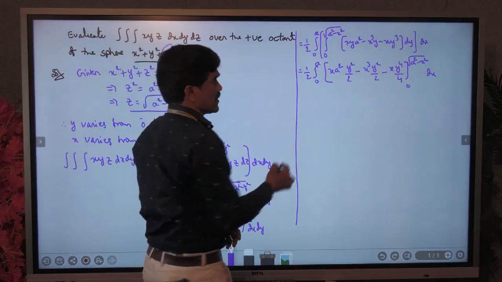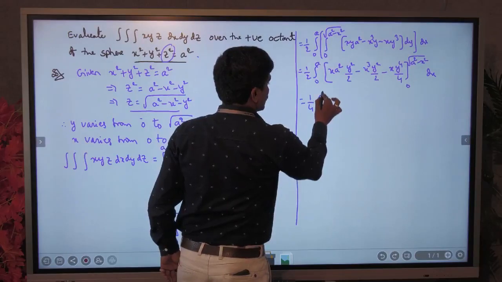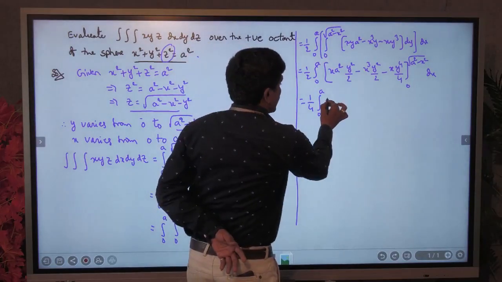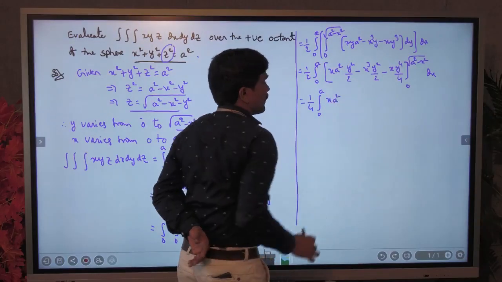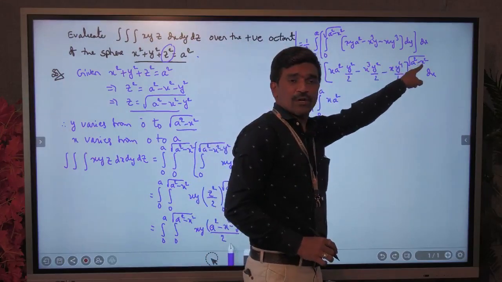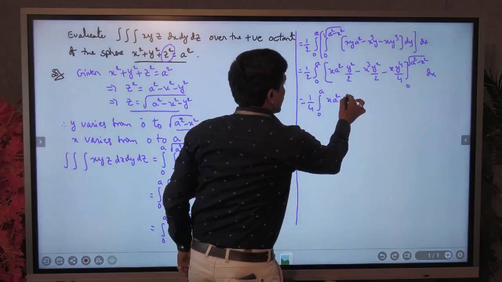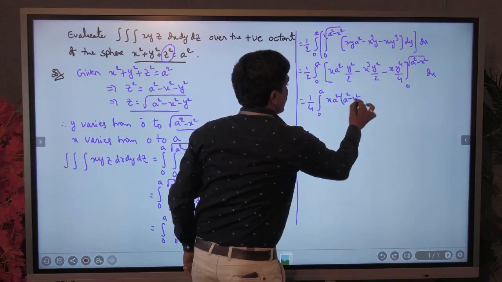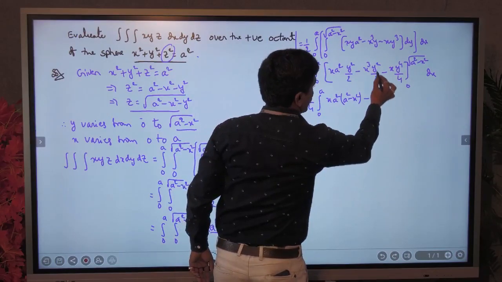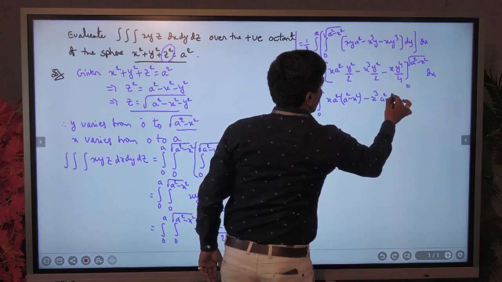First of all, take 1 by 2 common. Here 1 by 2, 1 by 2, 1 by 4. Integral 0 to a, right? x a square into y square. What is y here? Square root of a square minus x square, y square. Square root cancels, so here a square minus x square. So minus here x cube into y square, a square minus x square.